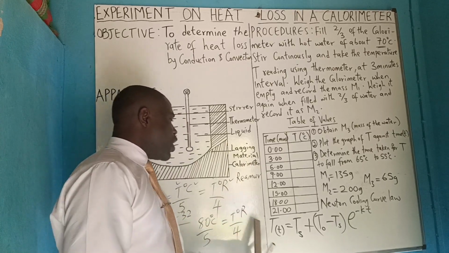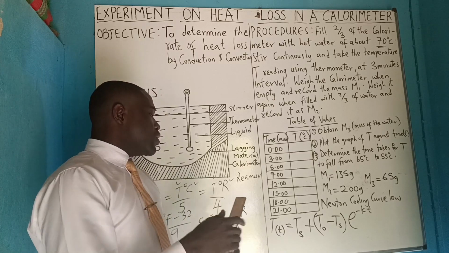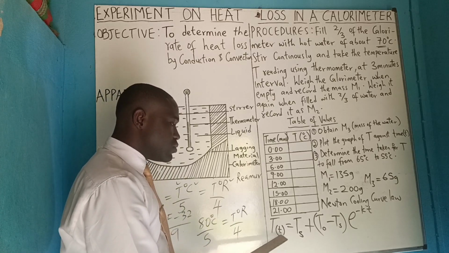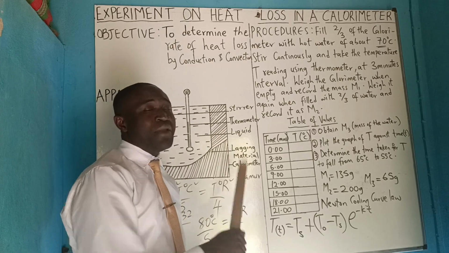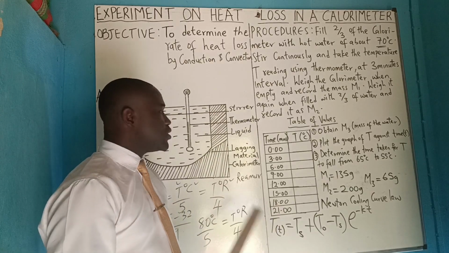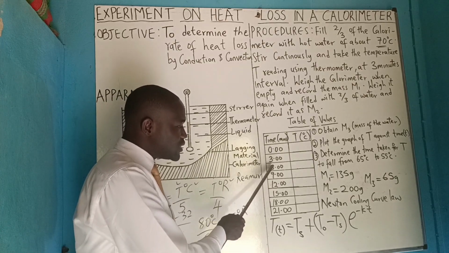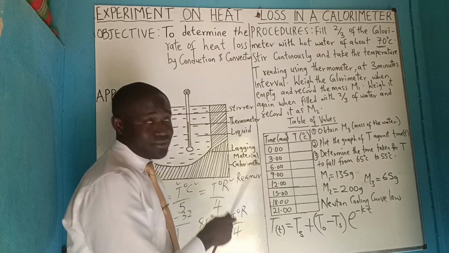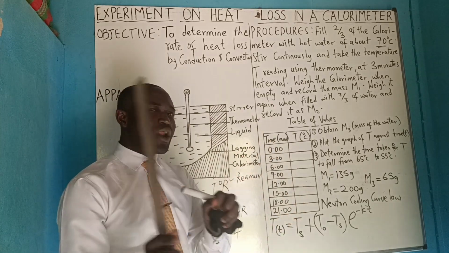And so, what do these parameters we are seeing here mean? T(t) means the temperature of a substance at a particular given time. Then T_S means the temperature of the surrounding.